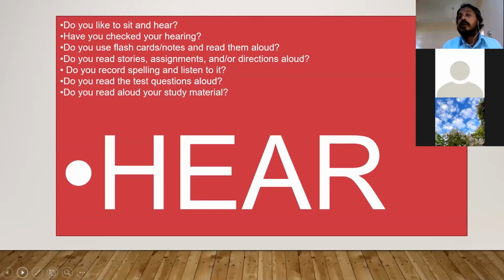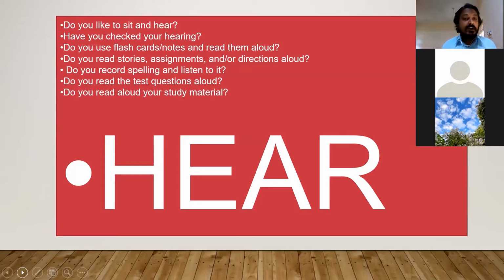And if you don't want to read the same thing again and again, I would request you to record it on your mobile, put your earphones in, and listen to what you were reading. You would like to read stories, assignments, and even directions aloud, where to go, how to go, what the stories are. So basically you would like to speak out things for yourself and for others as well.